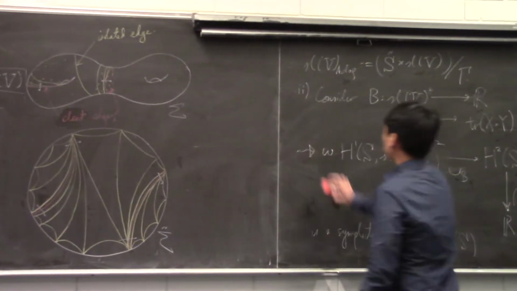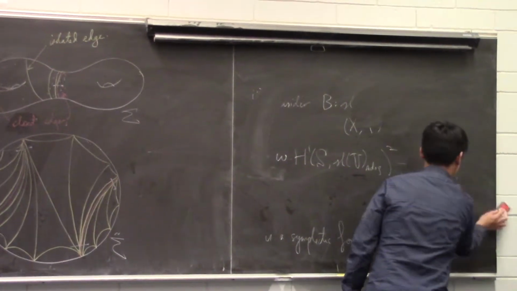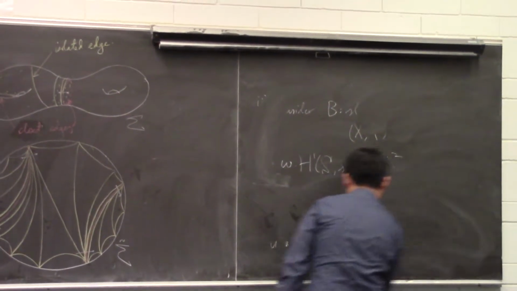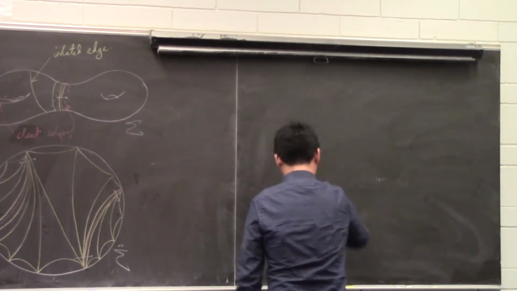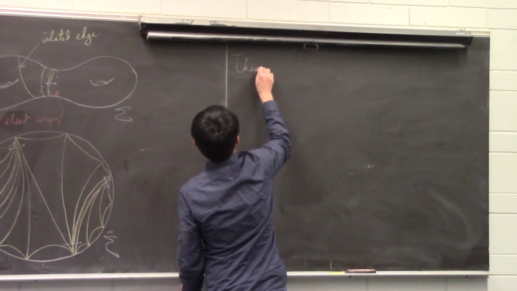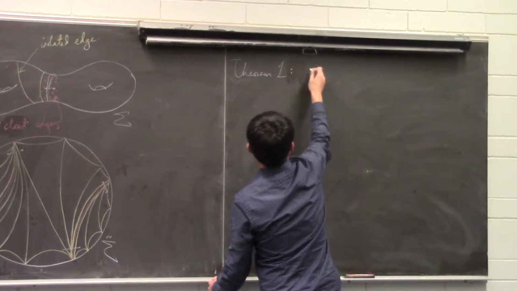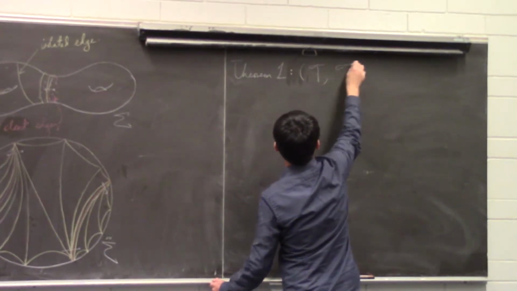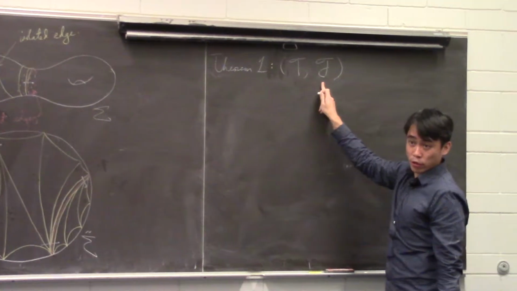Okay, so with this I can state my first theorem. Theorem 1: let T and J be any choice of an ideal triangulation and a compatible bridge system.